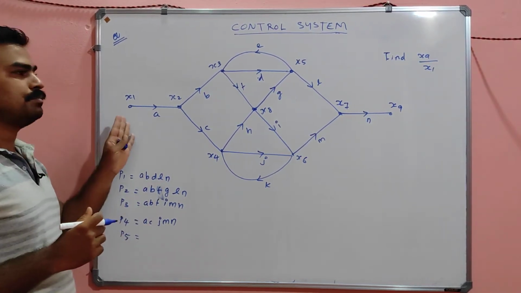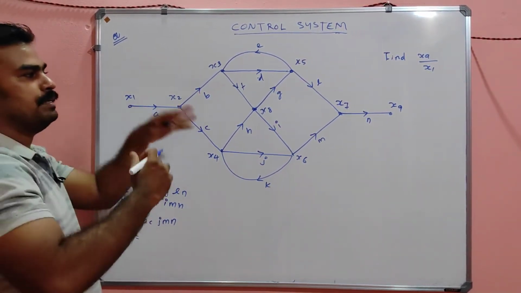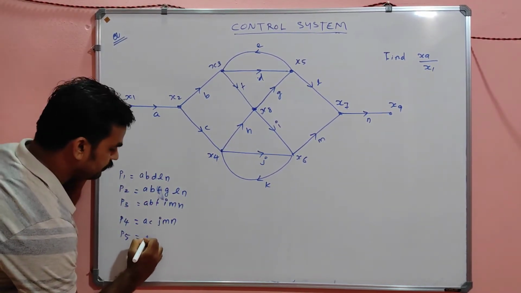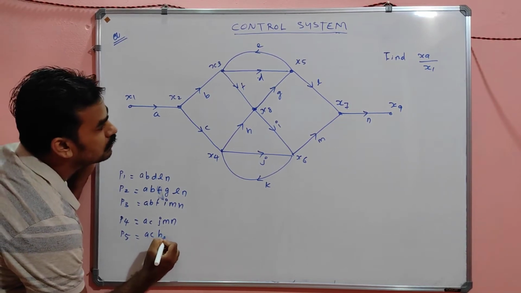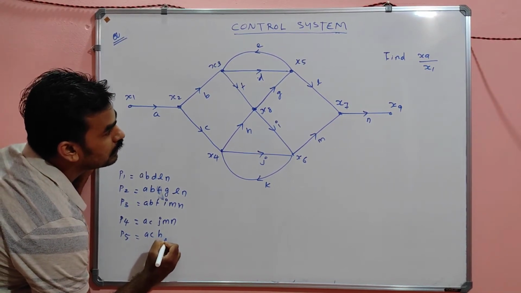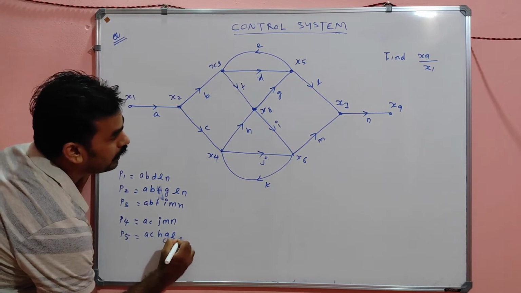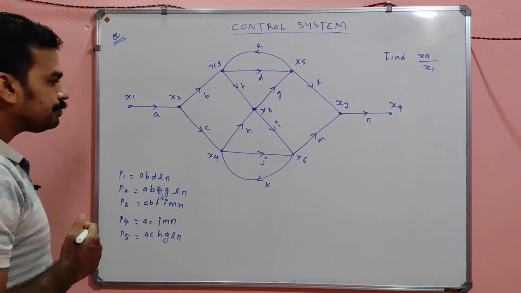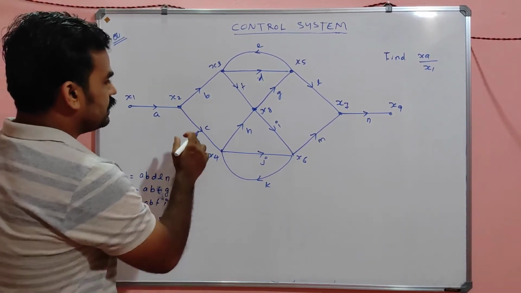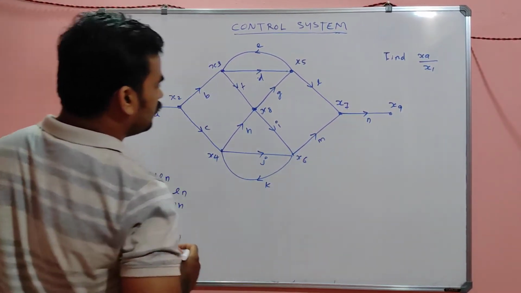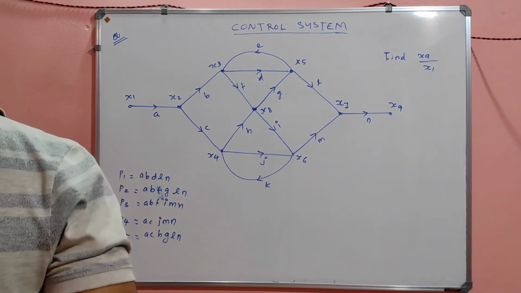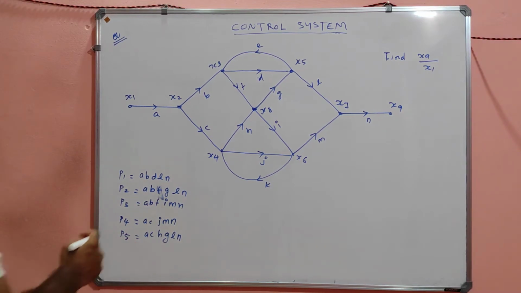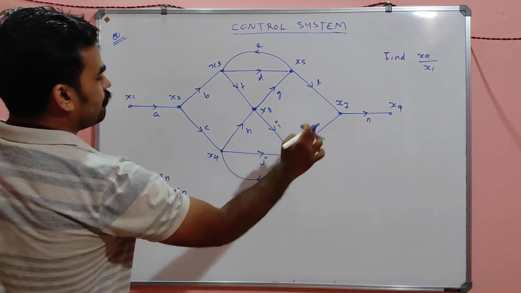Forward path means starting from the input to ending at the output, with no repeated nodes in between, that's all. So it will become ACHGLN. Correct? And is there any other? Yes, of course. ACHIMN, correct? ACJMN you already wrote.